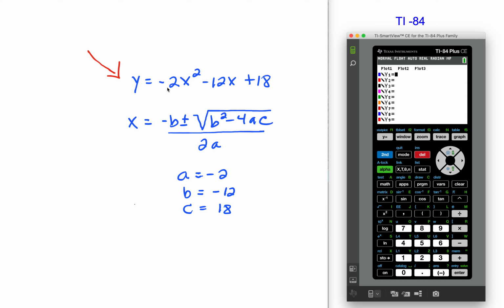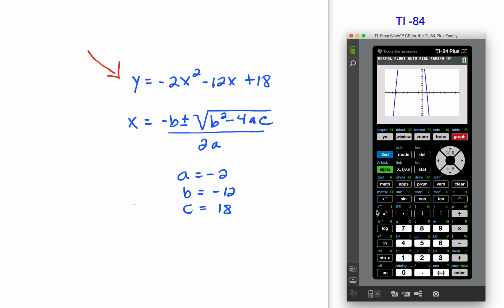Y equals negative 2x to the power of 2. You can do power of 2 like this, or you can just use the square button, which is right here. Same thing. Minus 12x plus 18. All right, and let's hit the graph button.